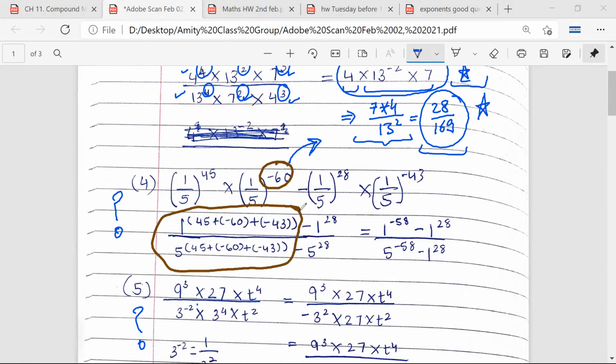Can you see that? This is what starts happening. So basically this means that anybody who's doing this is not clear about the rules of exponent. So the point is, if you are clear about the rules of exponent that I've just explained to you now, you'll understand this question.